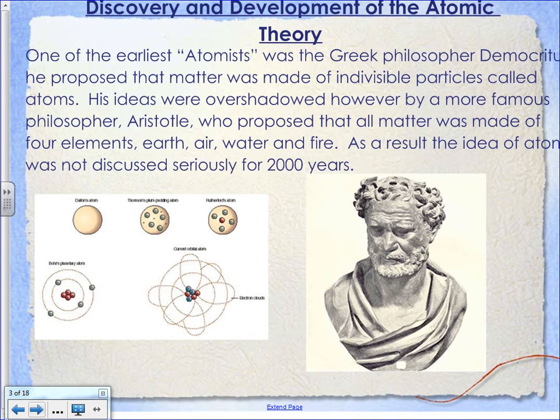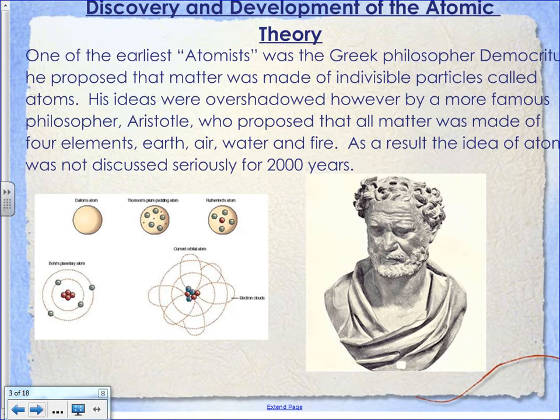The earliest atomist, that is the person who thought about atoms being real things, was the Greek philosopher Democritus. So he was a philosopher, he was a thinker. Being a thinker was the best job you could have in ancient Greece. You imagine guys like Aristotle and Plato, and you got to sit in the Parthenon and people would wave palm fronds and feed you grapes, and you just had to come up with ideas.